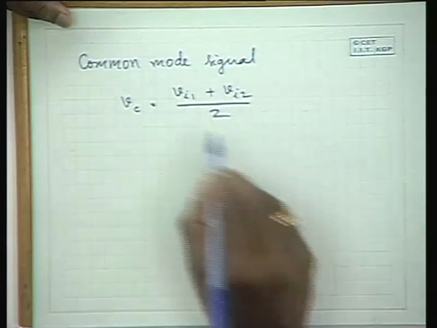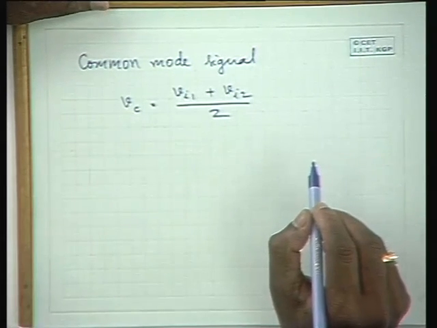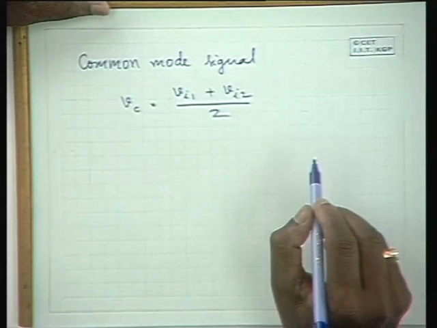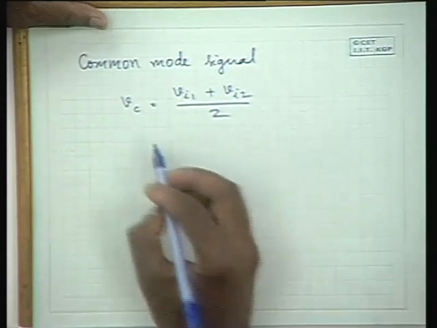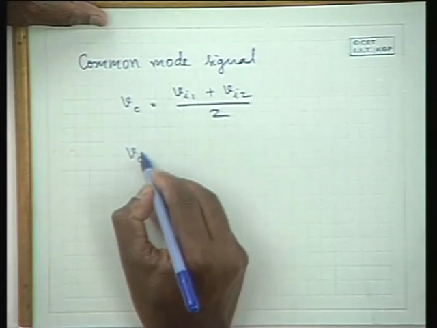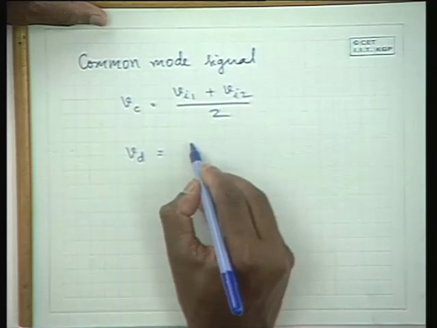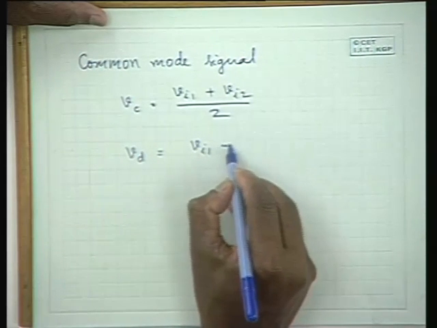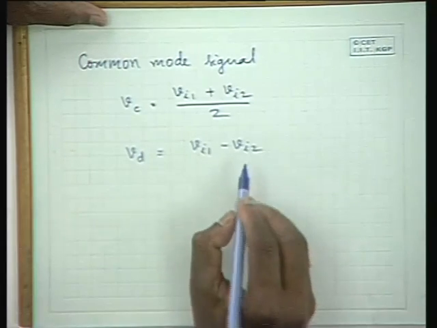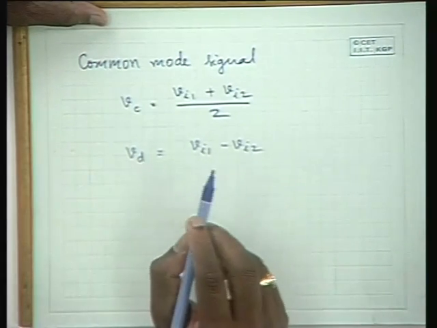So, the common mode signal Vc is equal to (Vi1 plus Vi2) by 2. The difference signal, on the other hand, is Vi1 minus Vi2. This is the difference signal.